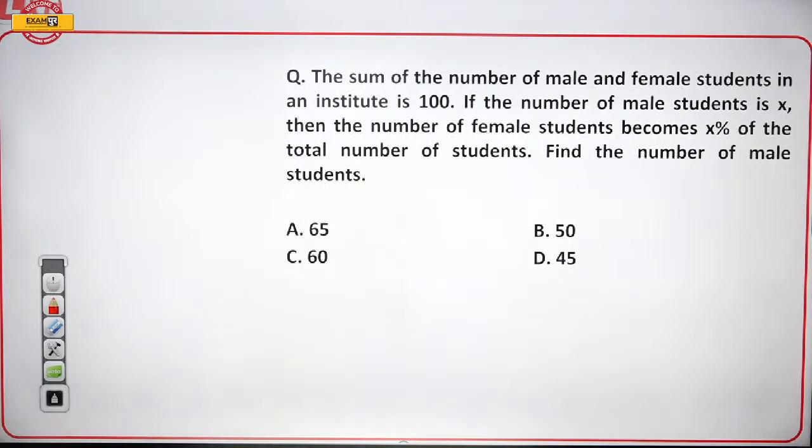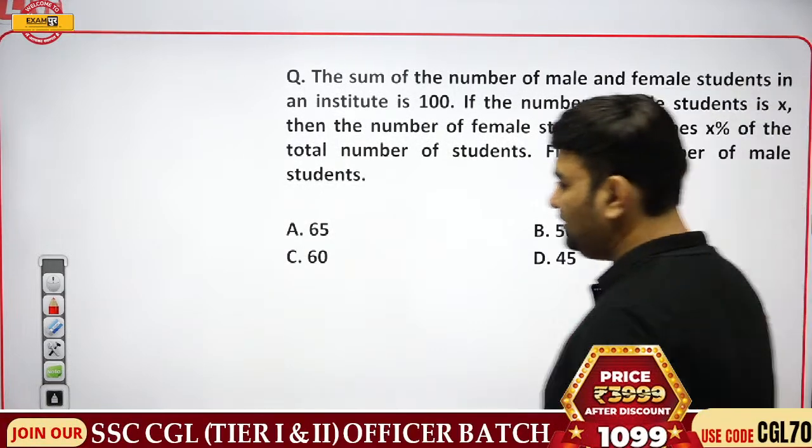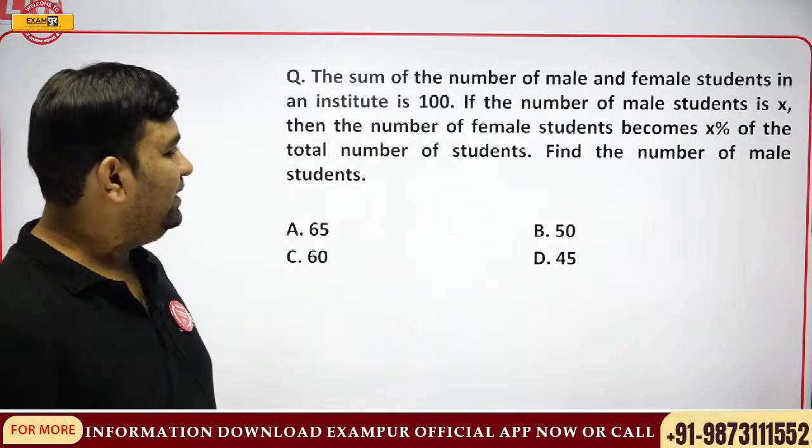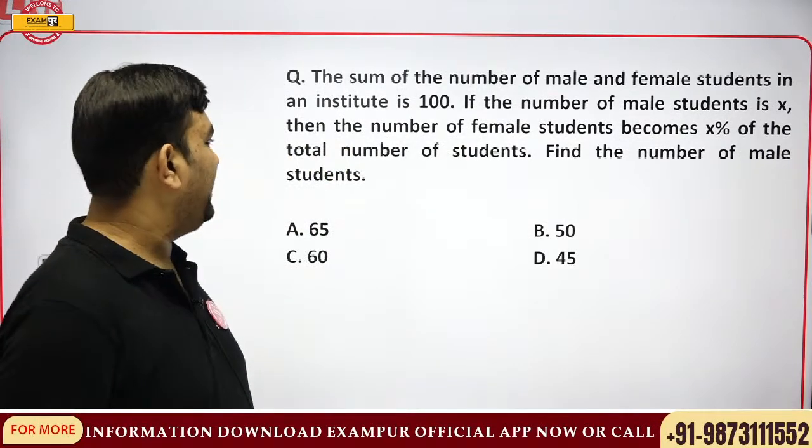The sum of the numbers of males and females in a school is 100. Very good, 100. Number of male students is X. Number of female students is X% of the total.